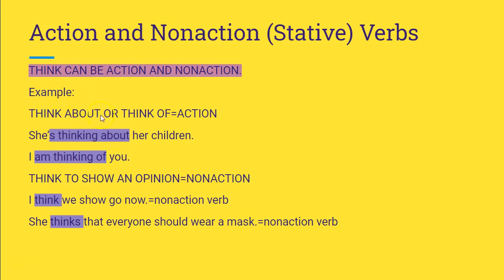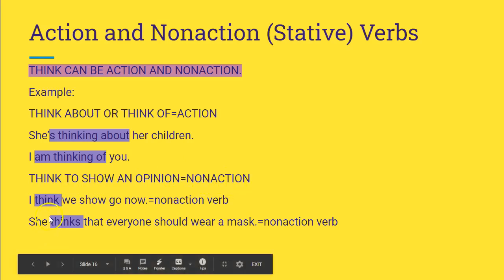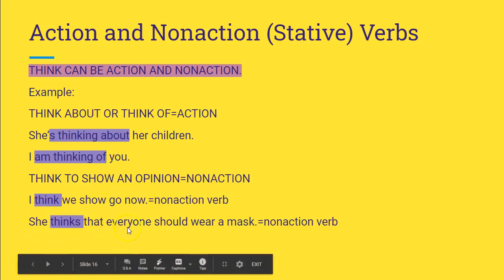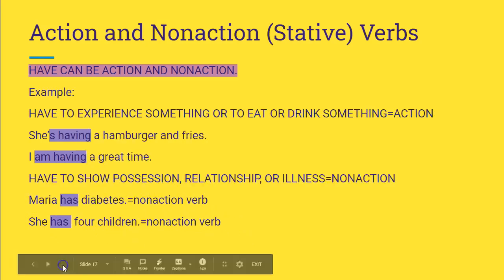Okay, so think about, think of, it's an action. We can use present continuous. However, if we're using the word think to show what someone thinks about something, to show an opinion, then that's a non-action use. For example, I think we should go now. Shows your opinion. She thinks that everyone should wear a mask. So here we have to use simple present.